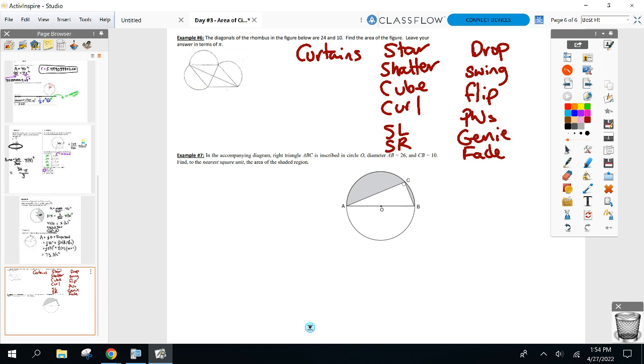Here we go. Curtains. No curtains? Star. 3 stars. Shatters. Cubes. Curl. Slide left. Slide right.